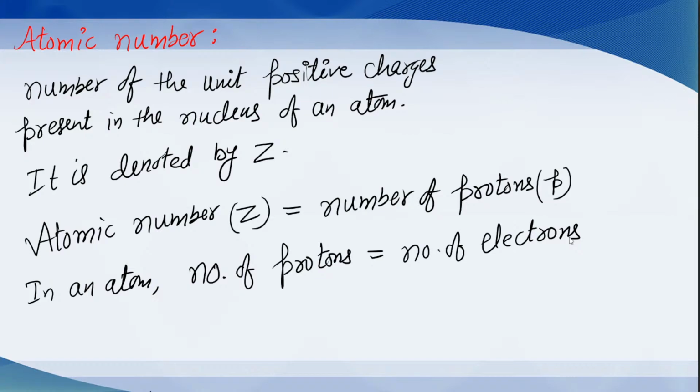That means atomic number must also be equal to number of electrons.